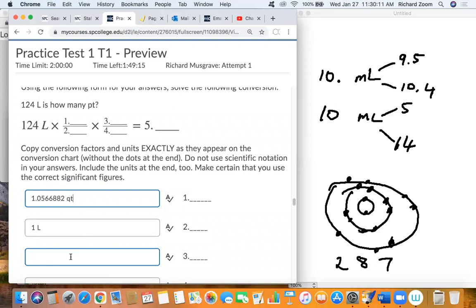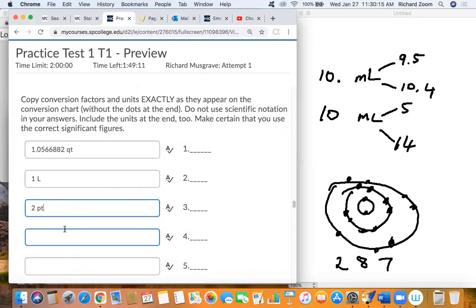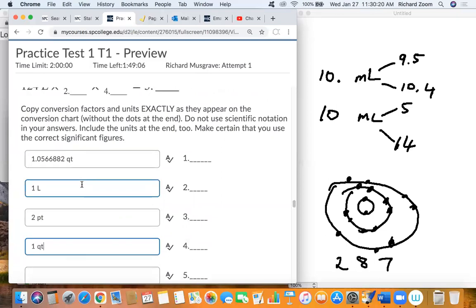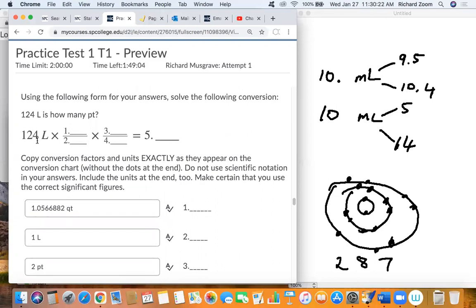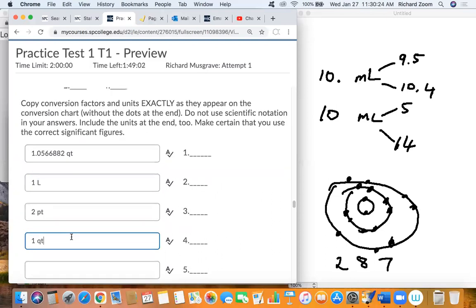Now we're looking for pints, so I think it's 2 pints to a quart, 2 pt, 1 quart. And then we come up with our answer, and our answer is going to have 3 significant figures. So let's see, I'll have to bring up a calculator for this one.